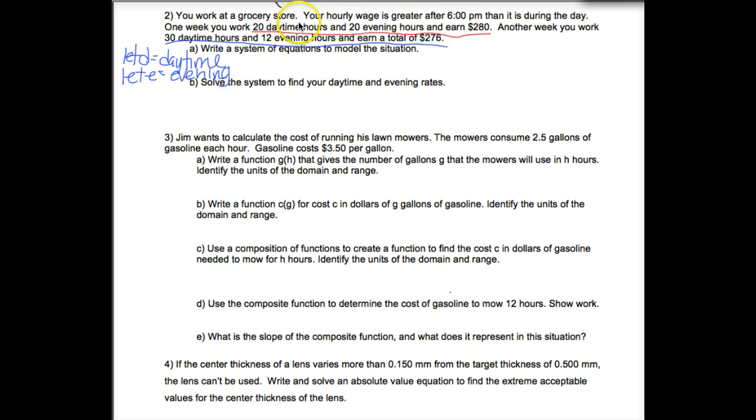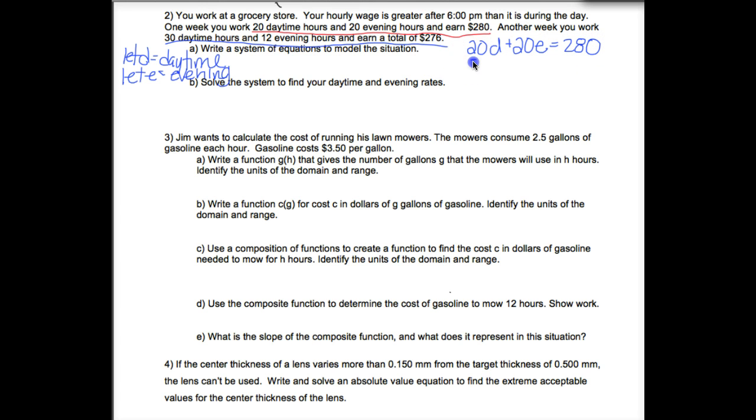My first underlined sentence here implies 20 daytime hours, 20 times D, because you worked 20 hours, and D is how much you get paid during the day, plus 20 evening hours, so 20 hours times the amount you get paid in the evening, and those two things together would earn you $280.